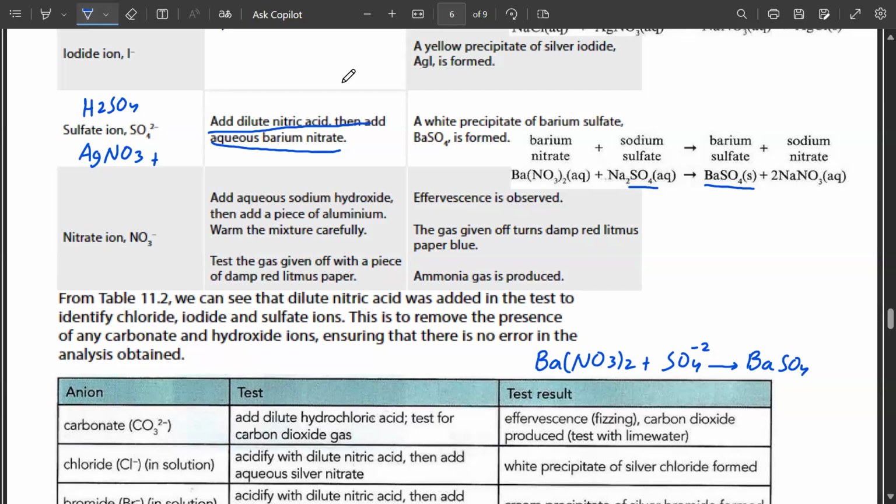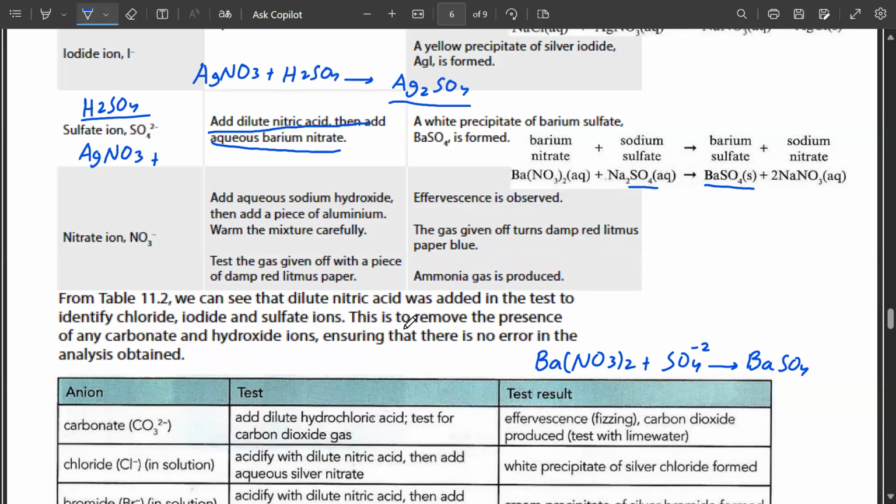It will be formed in this way when we have the reaction between the silver nitrate and the sulfuric acid.